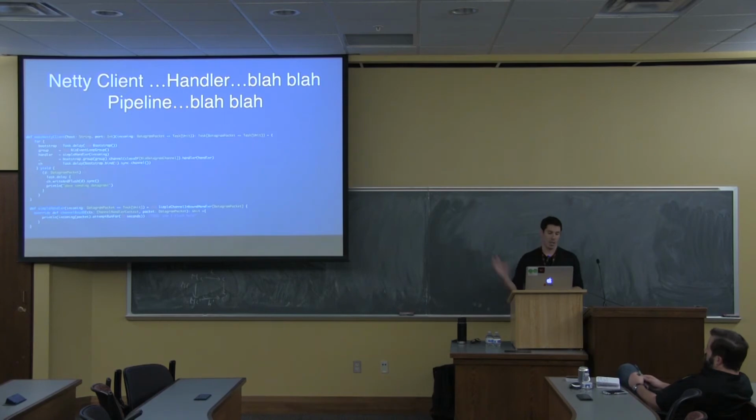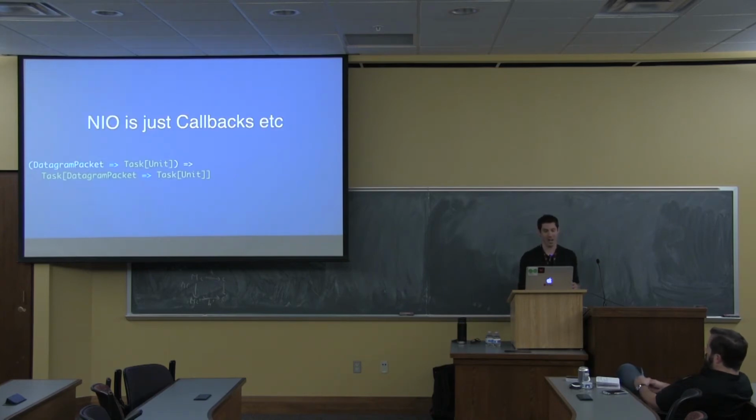All right, here's Netty. Netty client, blah, blah, blah. It's a whole bunch of junk that nobody cares about, right? I mean, it's important, but at the end of the day, it's a callback for a client. We're passing in a function that takes the data that we get from the network, and we're getting back a function that lets us spit data out on the network.